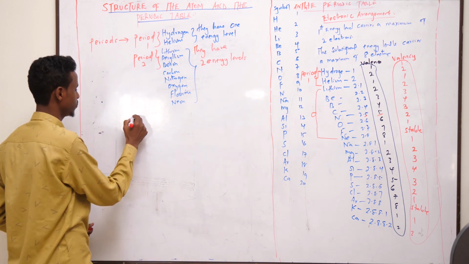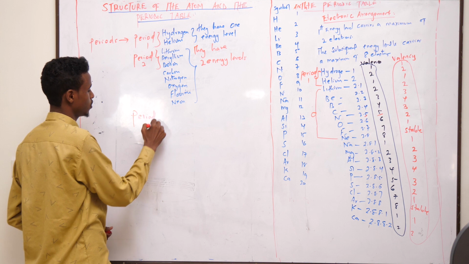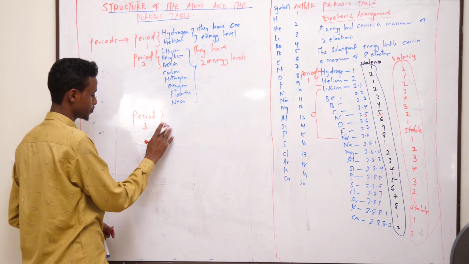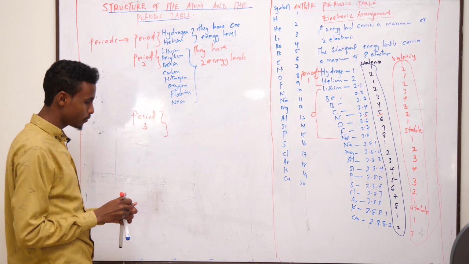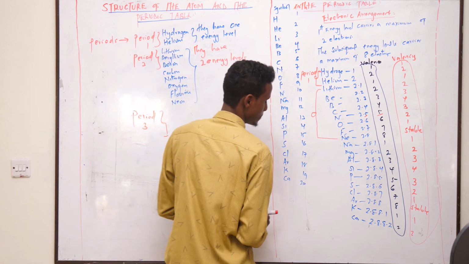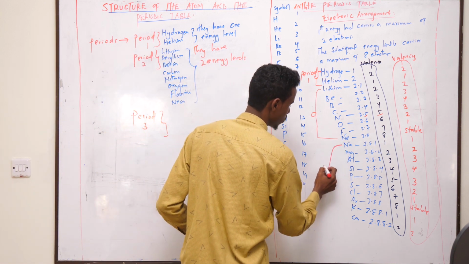Now let's look at period 3. In period 3 you have the following: from sodium to argon.